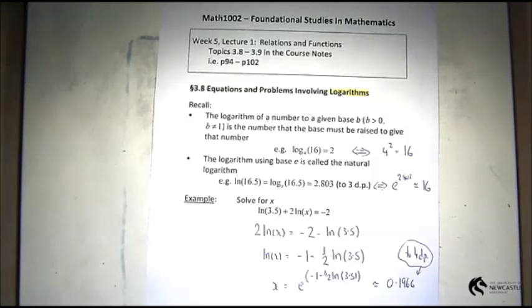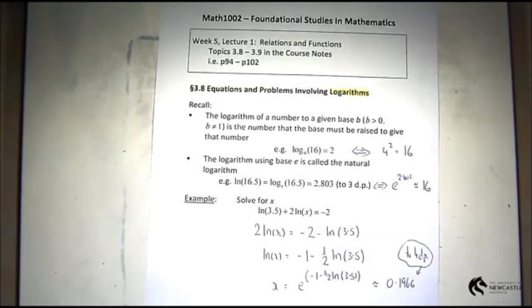I can now combine these into a single logarithm. I'll say this is log of 3.5 times x squared is equal to minus 2. And here I have used the fact that log x plus log y is the same as the log of x times y.